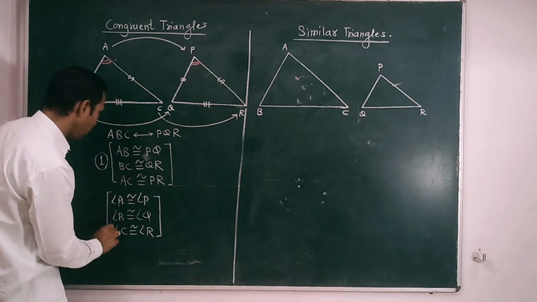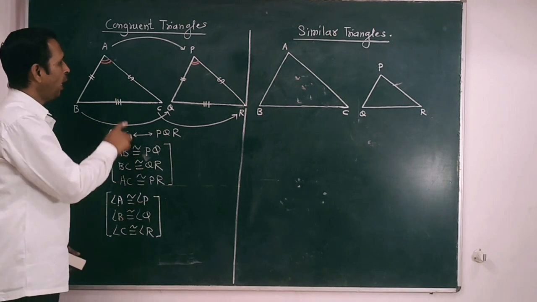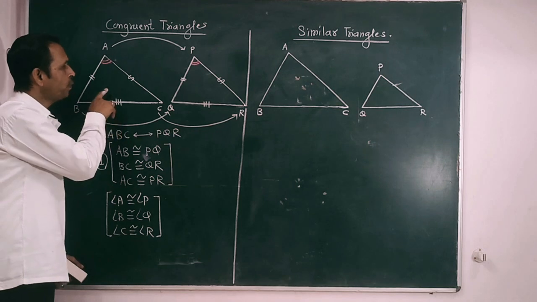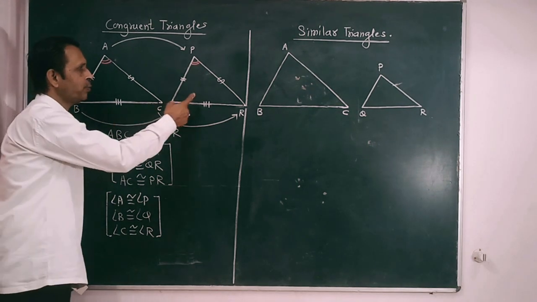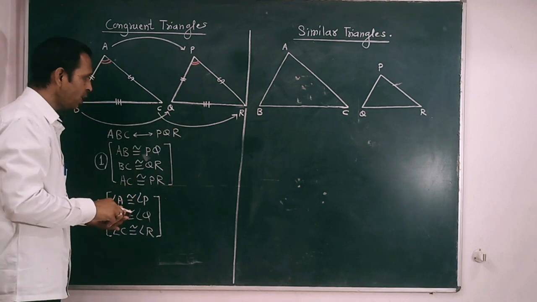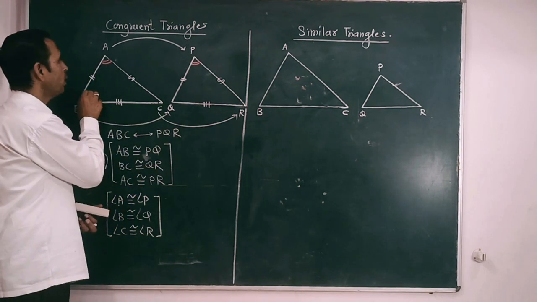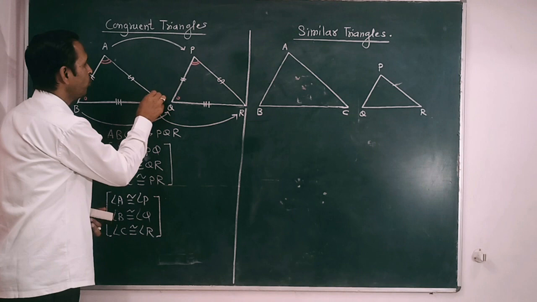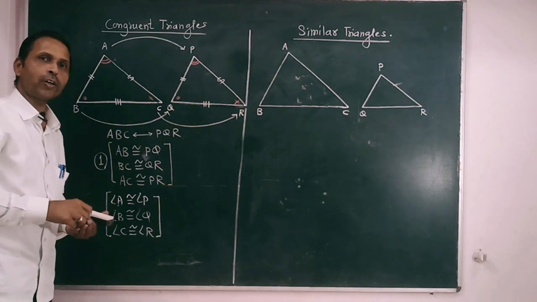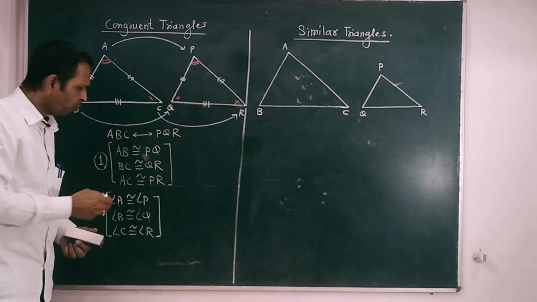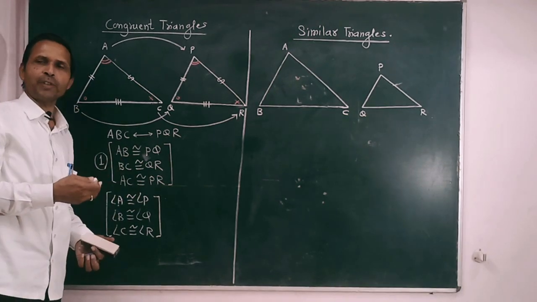Means all these 3 angles and 3 sides of one triangle are correspondingly congruent with the 3 angles and 3 sides of the other triangle, and then we say that these triangles are congruent triangles. Now these are the 6 elements of the triangle.